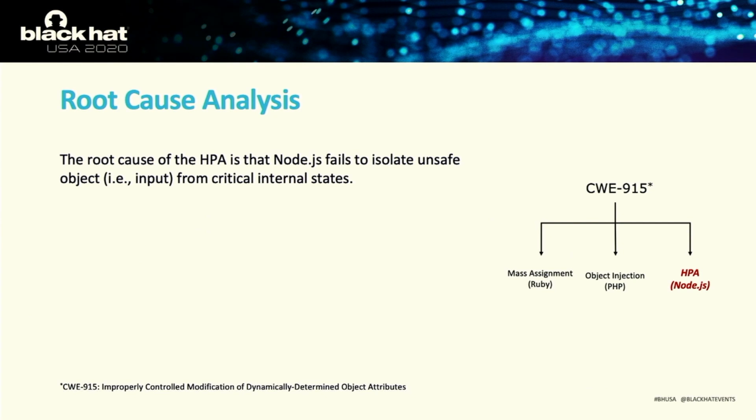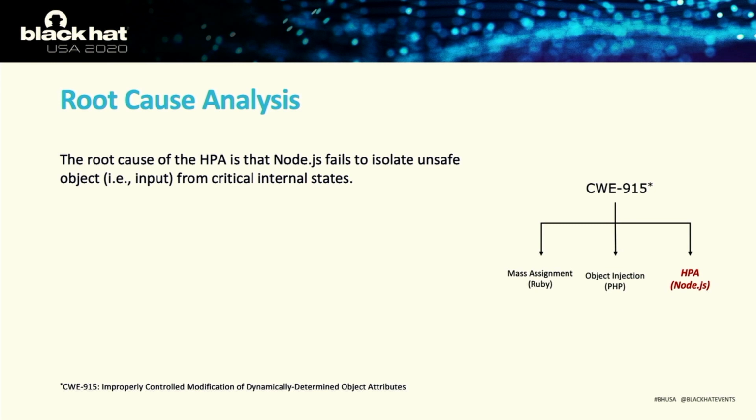So, the root cause of HPA is that Node.js fails to isolate the unsafe objects such as user input from critical internal states. To make a clear demonstration, HPA can be seen as a new security risk under the weakness category 915, whose child variants are all about improper modification of dynamic objects.